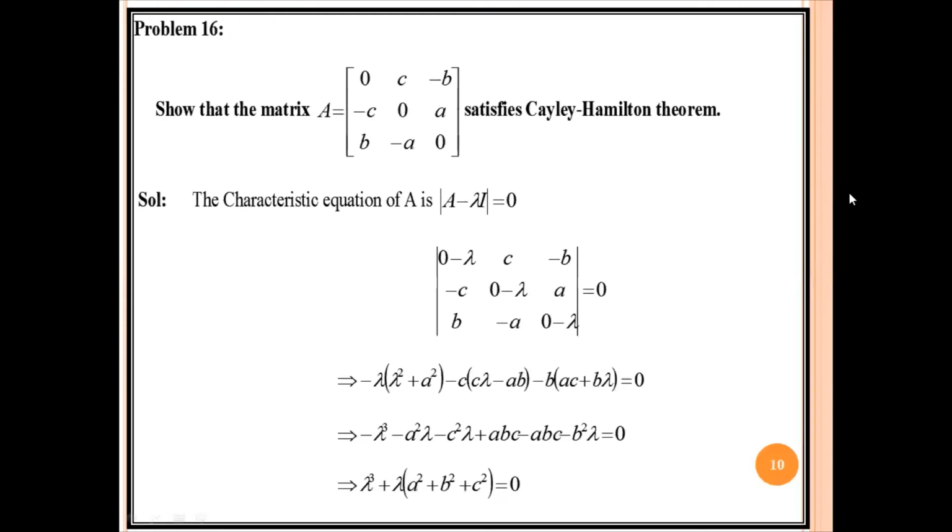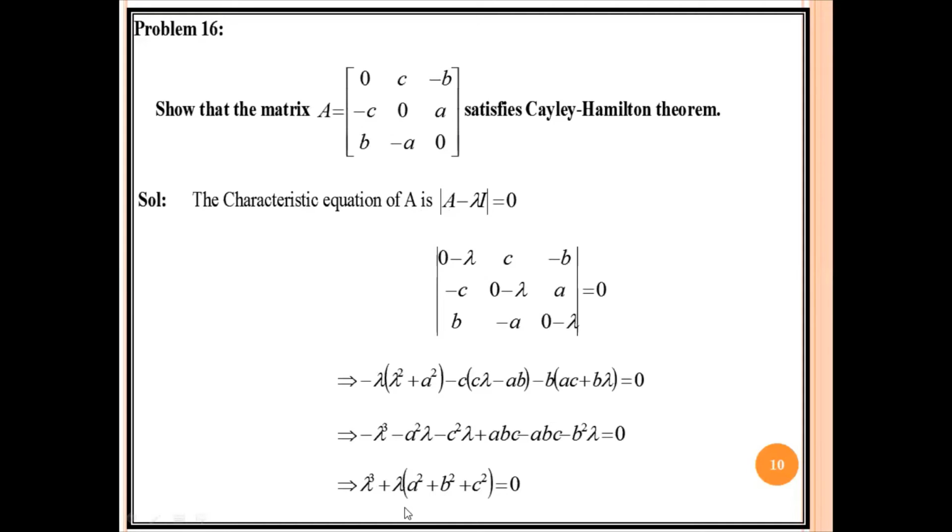Okay. Now coming to the second one, show that the matrix A satisfies the Cayley-Hamilton theorem. Satisfies the Cayley-Hamilton theorem means, first of all, we have to find out the characteristic equation, that is determinant of A minus lambda I is equal to 0.